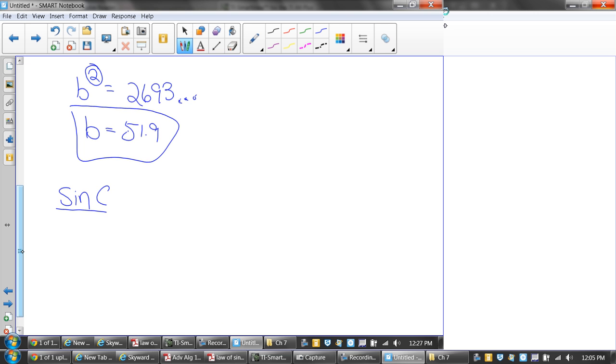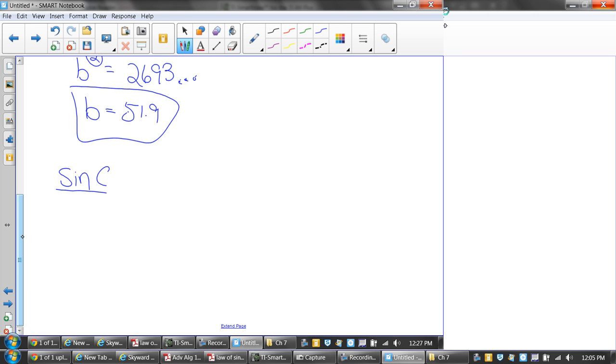So sine of C over 60 equals sine of angle B over, what was the side opposite, 58? Yep. Very good. Everyone get how that's set up?